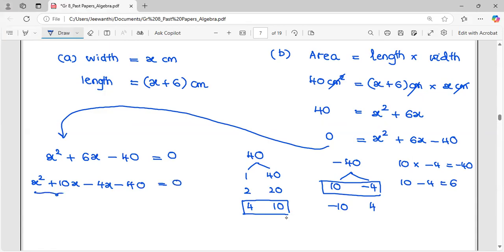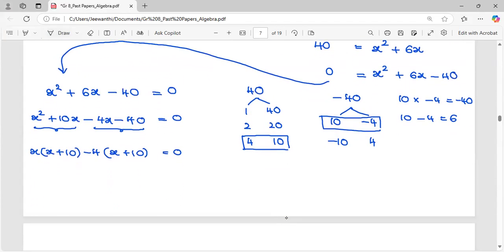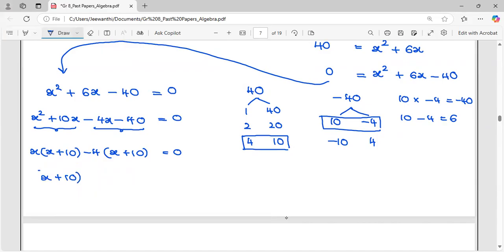So then I pair them, right? So then I have x plus 10 and negative 4, I have x plus 10 equal to 0, right? And then I write x plus 10 and x minus 4 equal to 0.